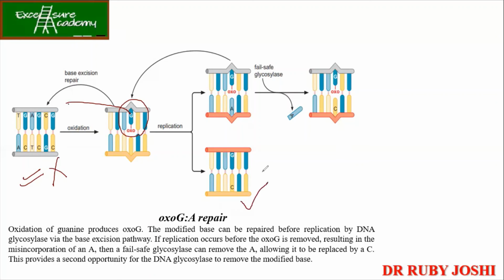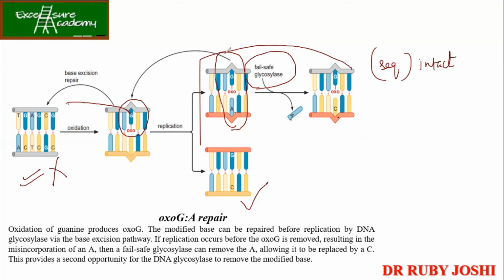You are going to have one strand normal, and the other is going to have base pairing of G oxo with A. Now this distorted base pair will be recognized by another enzyme called fail-safe glycosylase. It will remove the A and have C inserted, so at least the sequence is intact. Then again it will go back to base excision repair, so your G oxo will be removed then. Now it is clear.